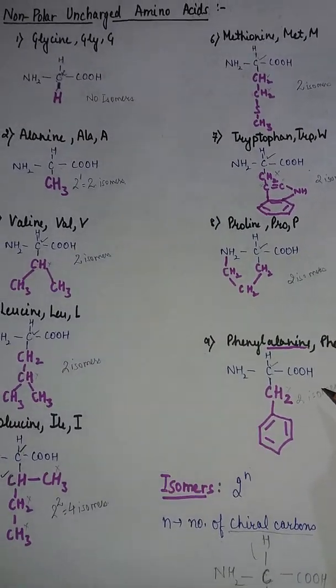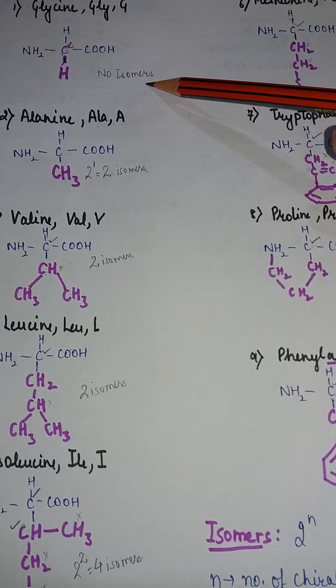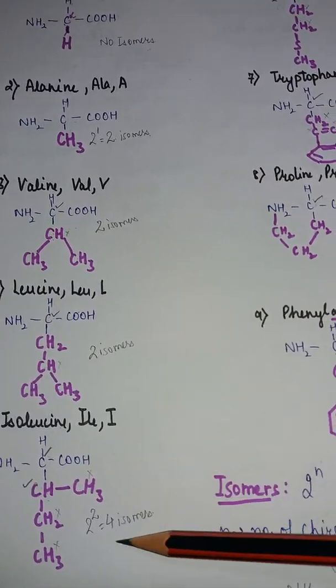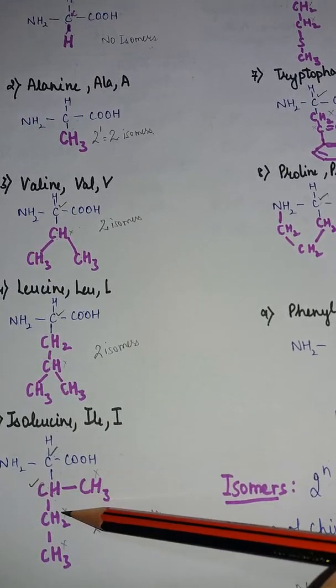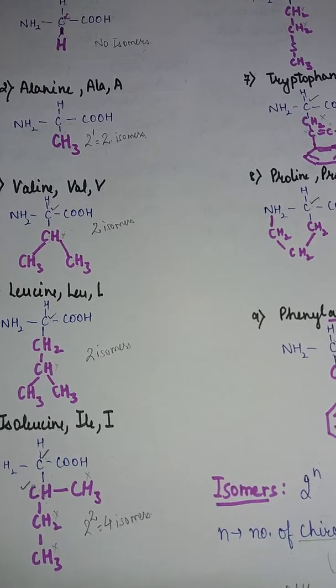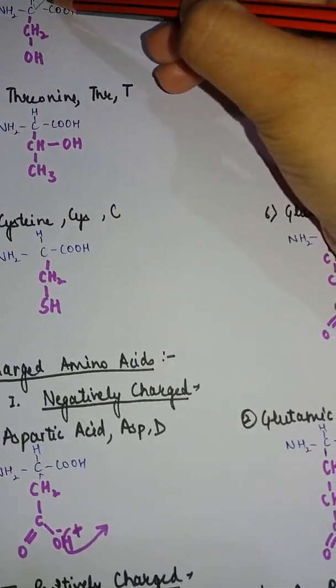So in this you have seen that all have 2 isomers except for glycine, because it does not have any chiral carbon, so it has no isomers possible, and isoleucine, which contains 4 isomers because 2 chiral carbons are present. Now let's move to the polar uncharged. In the case of serine, we have 1 alpha carbon.